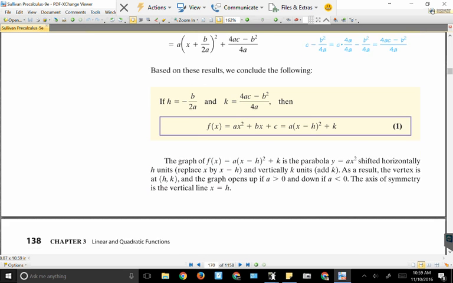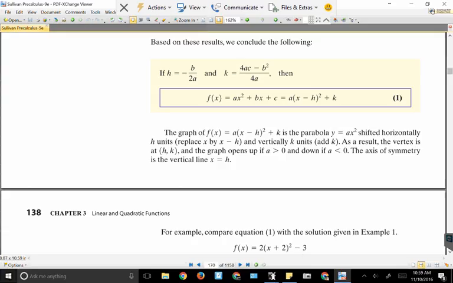Now, there are a couple of things that we want to make sure that we have. Okay? These little gems are nice. Put them down in your notes. Have them available for quick reference. If you want H, negative B over 2A.